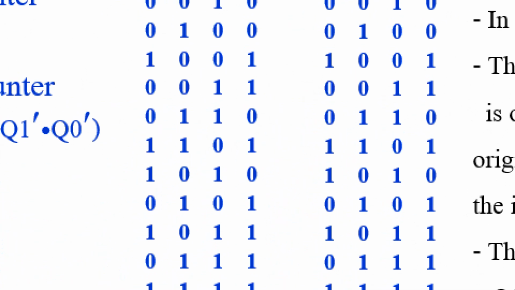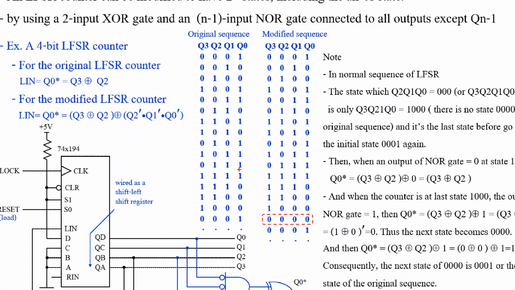Note that you can use any bit as the output. Namely, if you use this one, it is 1, 0, 0, 1, 1. This one you can also use, but just wait for one clock tick. It's 1, 0, 0, 1, 1. Same, right? And you can apply this bit as pseudo random.